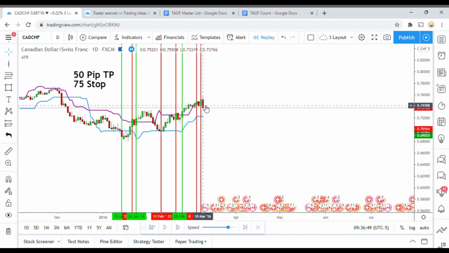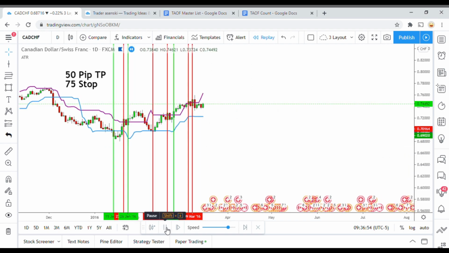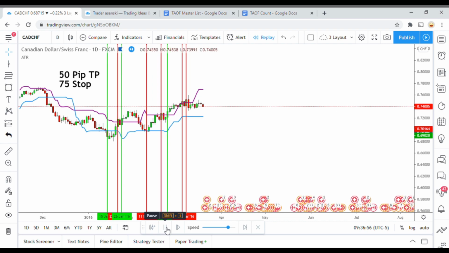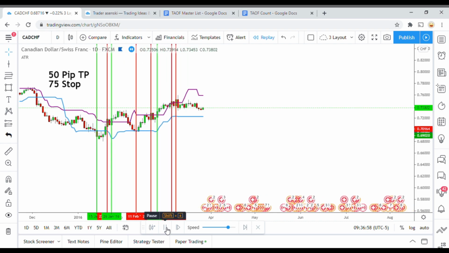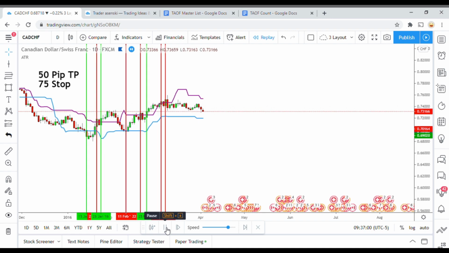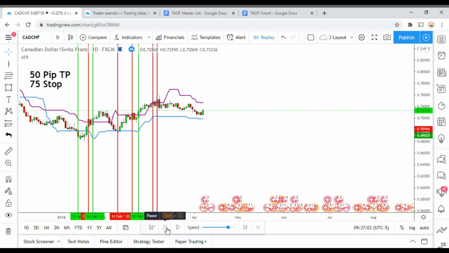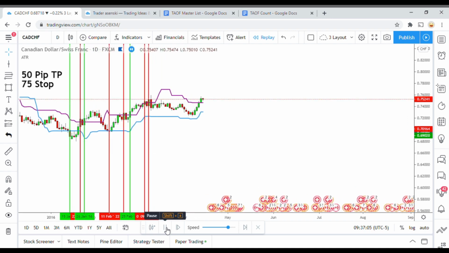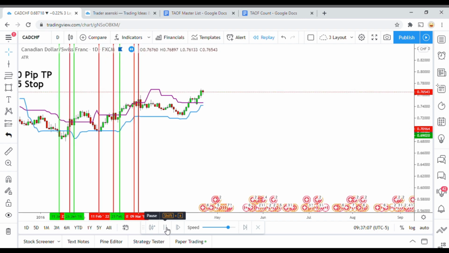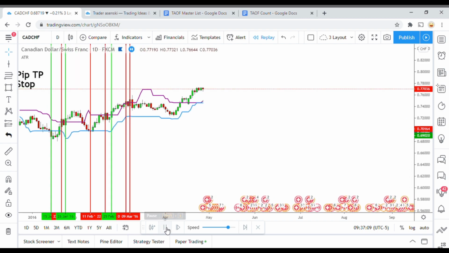This would have been another valid signal, which stopped us out rather quickly as well. All right, so we're moving on now. Let's see what else we can get. There's a move to the upside right there.